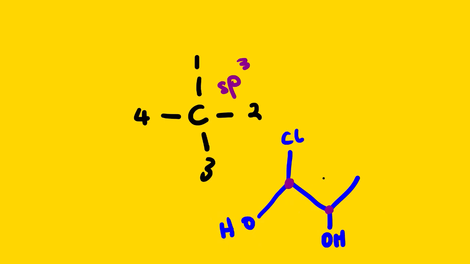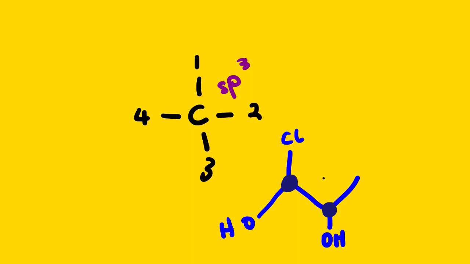So we have 4 different groups. Also this one will have the methyl as group 1, the hydroxy group as a different group 2, and then we have hydrogen here, which is the last group. So these carbons here, we say this is the tetrahedral center.